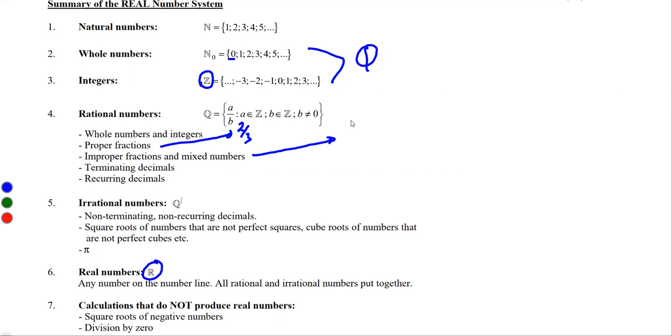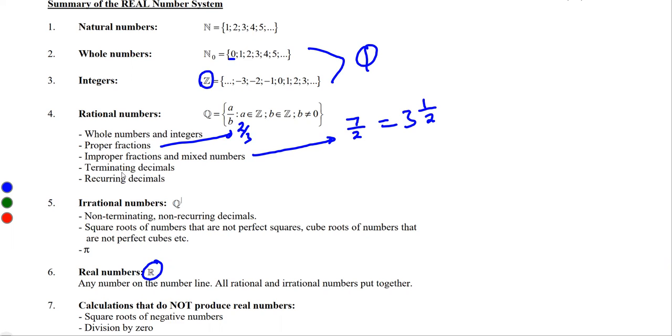That's why I'm saying it's improper. For example, 7 over 2 is an improper fraction. Then we have a mixed fraction. If we want to write 7 over 2 as a mixed fraction, 2 into 7 gives us 3 remainder 1, so 3 and 1 over 2. That's how we represent a mixed number.